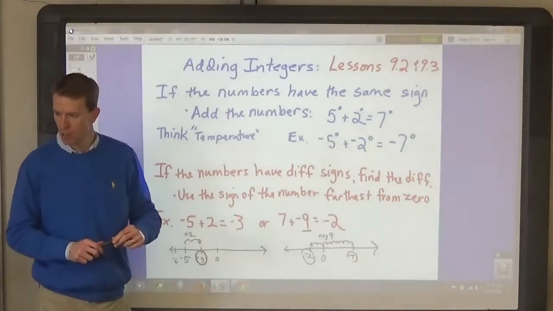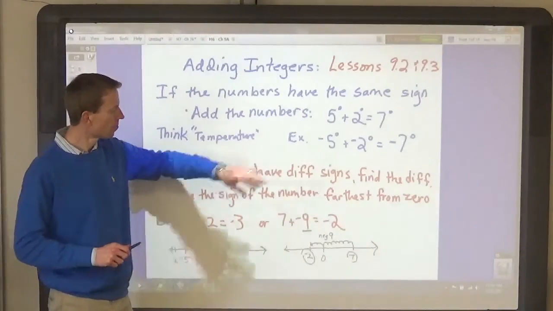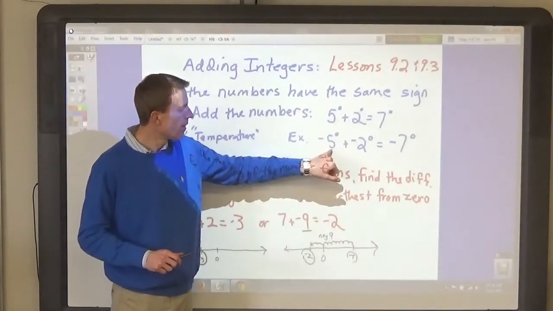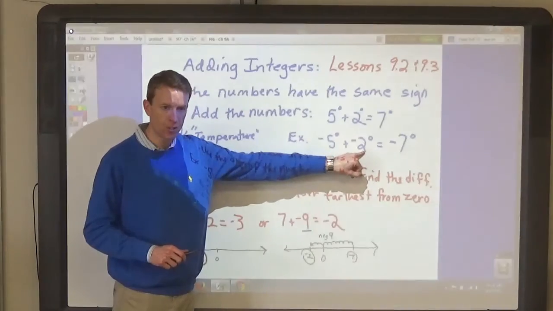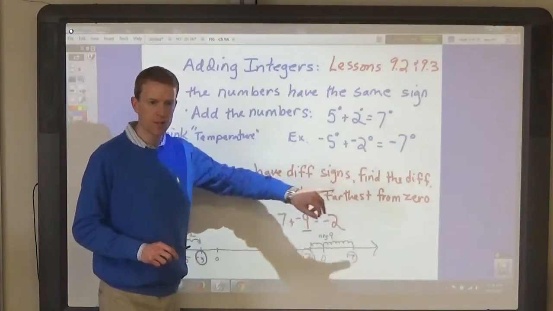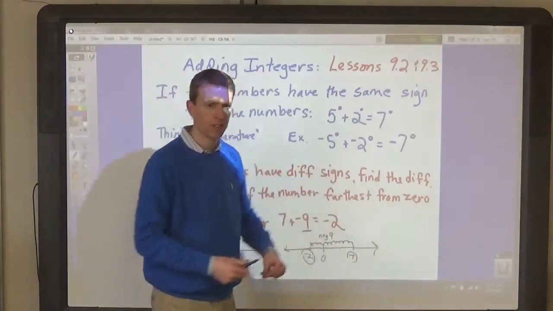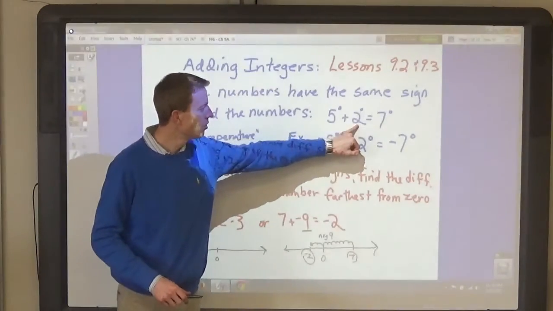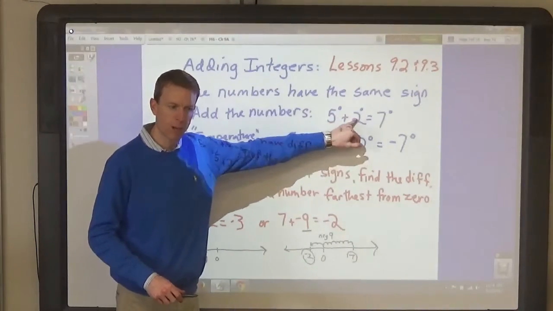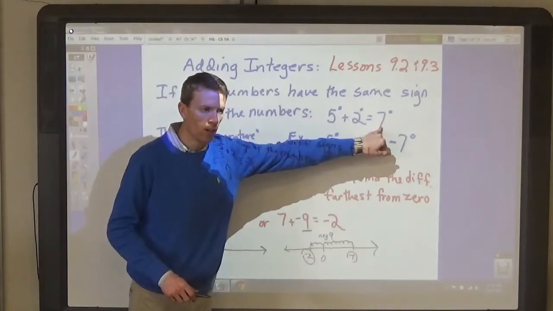Remember when we talked about absolute value yesterday? So negative 5 plus negative 2 is more negative. Just like 5 plus 2, positive 5 plus positive 2 is more positive.